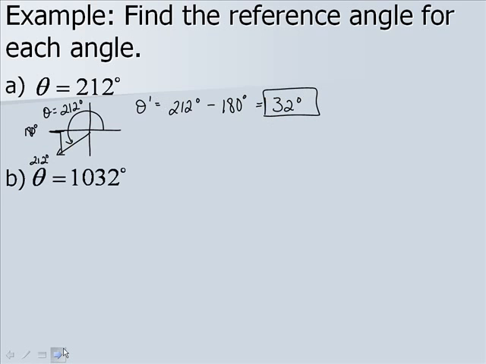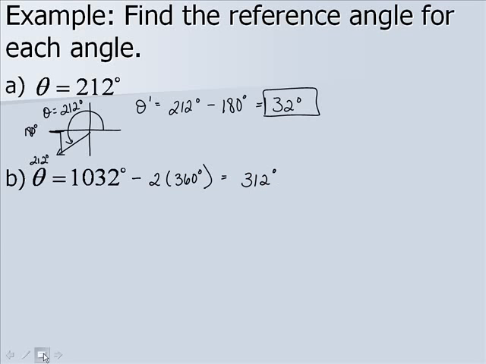Now let's find the reference angle for theta being equal to 1032 degrees. Since this is greater than 360, the first thing we need to do is to find the smallest coterminal angle within the distance between 0 and 360 degrees. So what we can do is subtract 2 times 360, and we end up with 312.